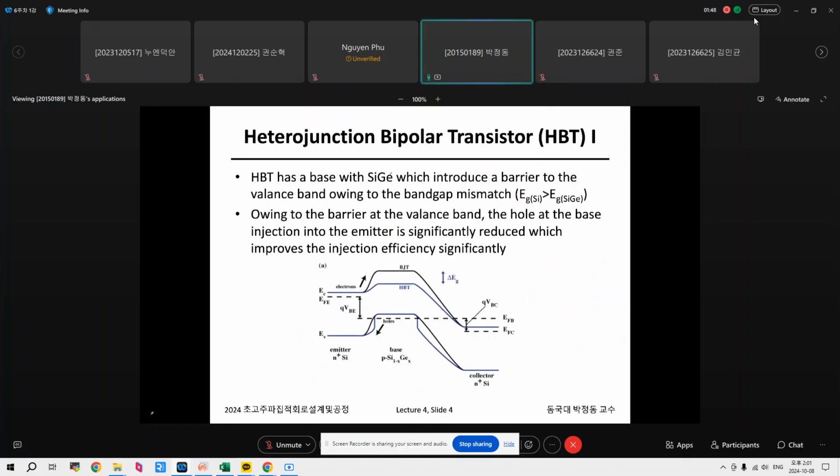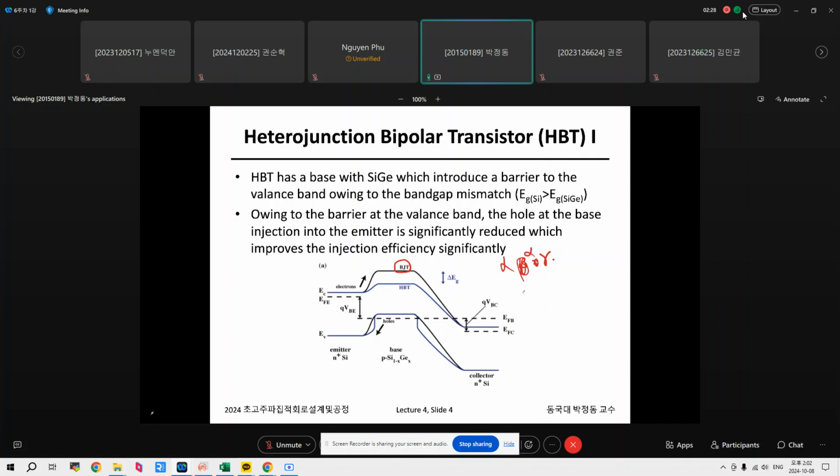Okay, let's discuss the HBT operation, which is different from the BJT. Typically beta consists of emitter injection efficiency multiplied by... actually, alpha is proportional to emitter injection efficiency.